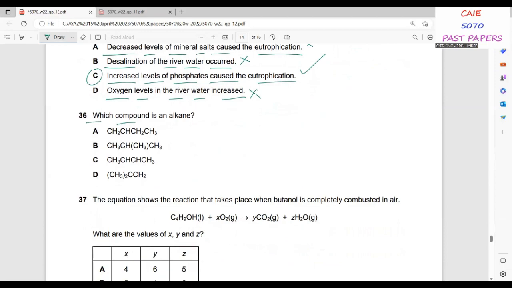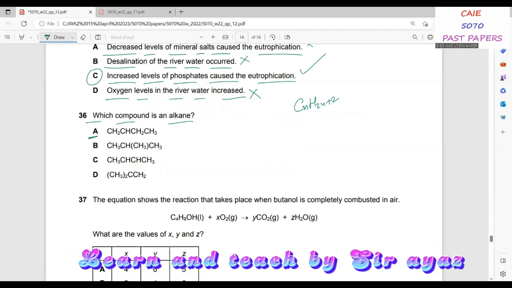36. Which compound is an alkane? General formula for alkane is CnH2n+2. For your convenience, if you calculate the formula and count the number of carbon and hydrogen atoms, you can easily work out the answer for this one. For example, in A, the formula is CH2, CH, CH2, CH3.